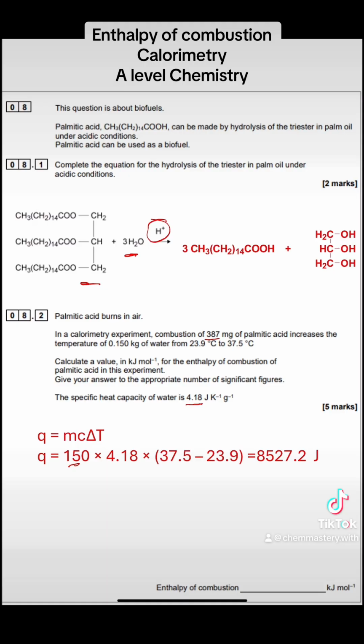This is the difference in temperature in Kelvin. However, the difference in degrees Celsius is the same as the Kelvin. So the value for that will be 8,527.2 joules.